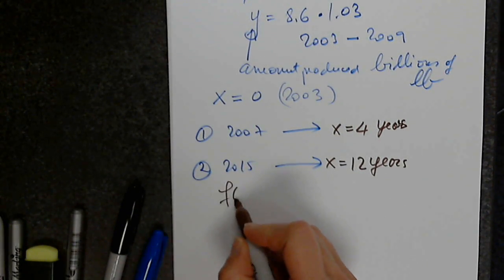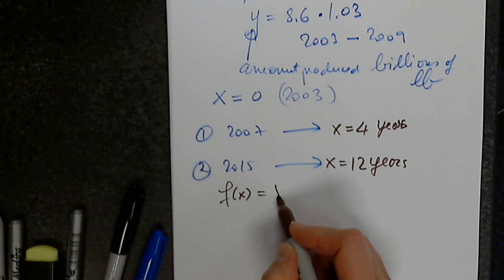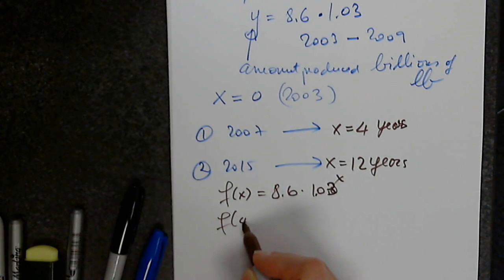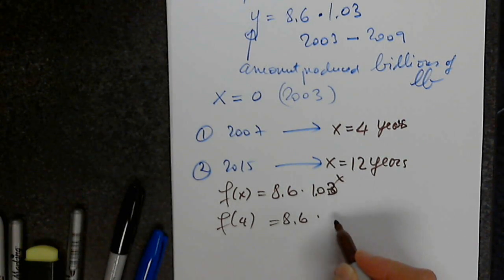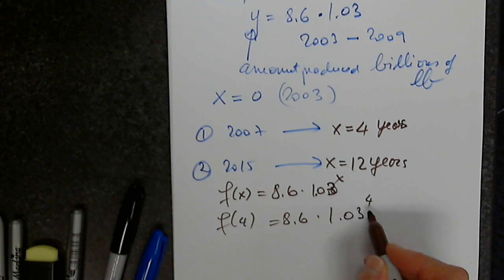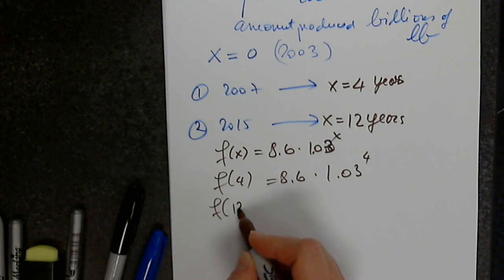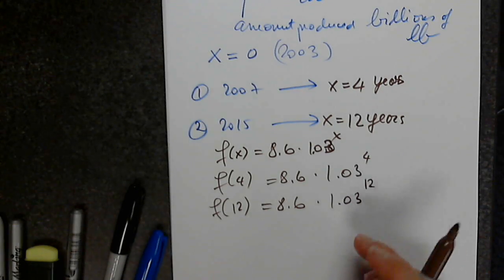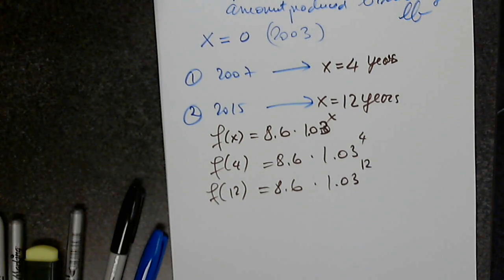So I will say f of x is 8.6 times 1.03 to the x. So f of 4 will be 8.6 multiplied by 1.03 to the 4th power. And of course, f of 12 will be 8.6 times 1.03 to the power 12. Let's punch them in.